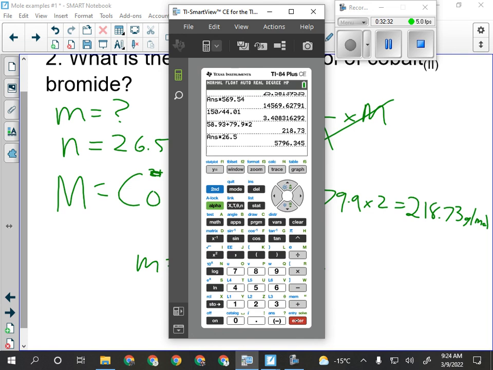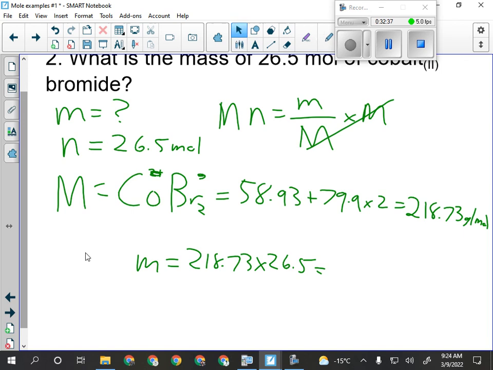All right, so we have 5,796.35. What are my units? Calculating mass, so my units should be grams.